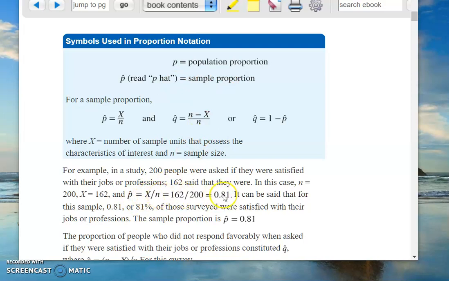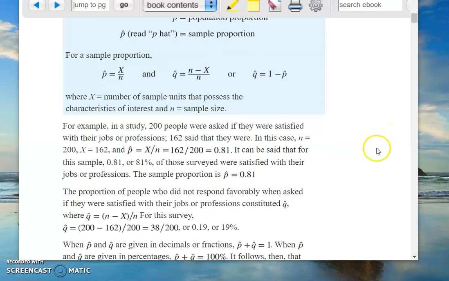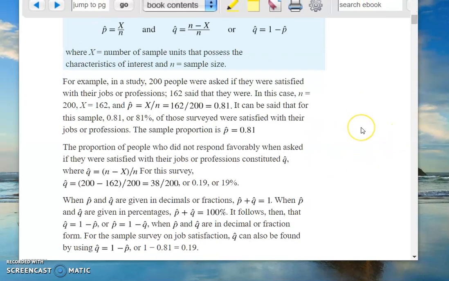And then you punch that out on your calculator and it's 0.81. It would be 0.81 in decimal form. Could be 81%, that would be one way of writing it. Another way of writing it would be just to leave it like this, 162 over 200. Or you might want to reduce that to 81 over 100. Any number of ways that you could write it. Okay, so I hope that's a good example of what we're talking about.